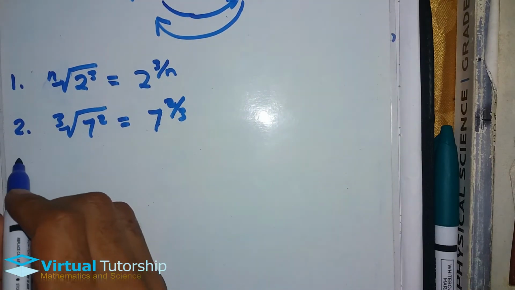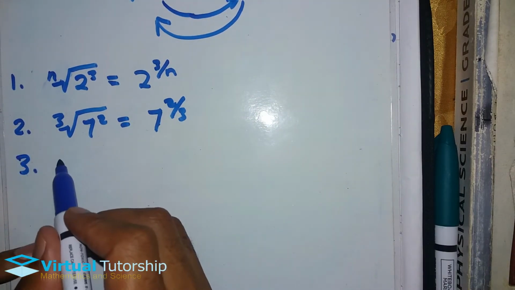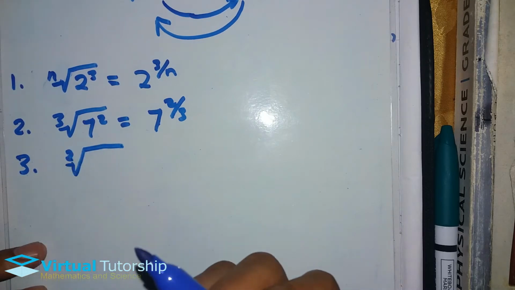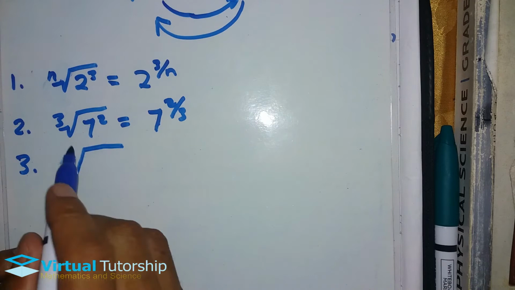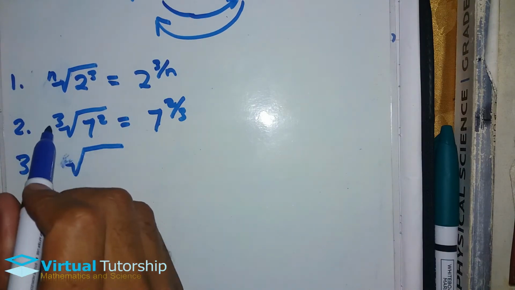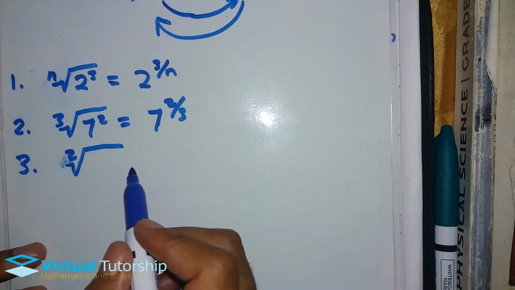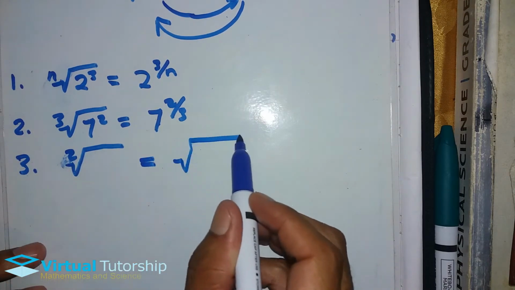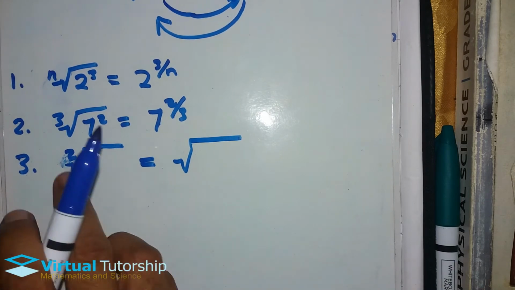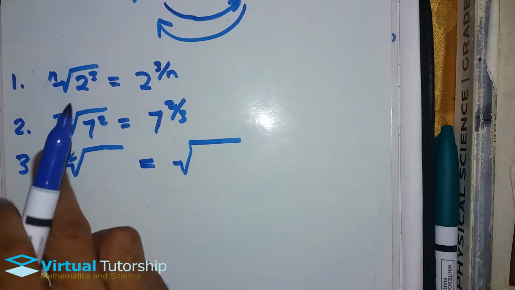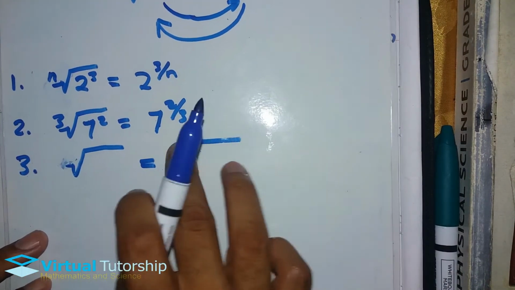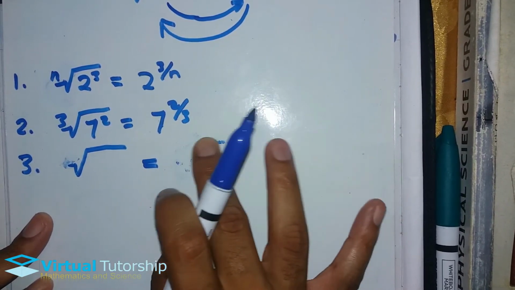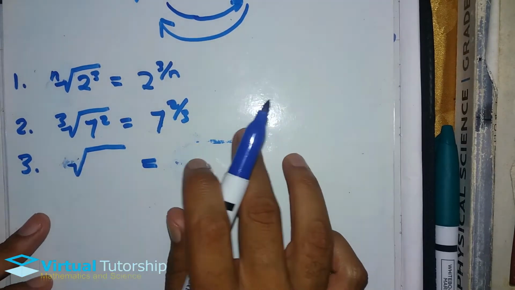Let's say maybe the second root, which is the same thing as a square root. The second root is also the same thing as a square root, right? So there's no need to write the 2 on the root. A square root is the same thing as a second root.